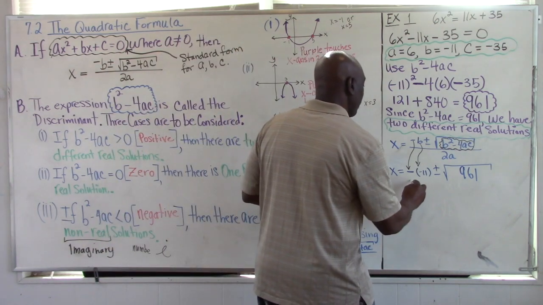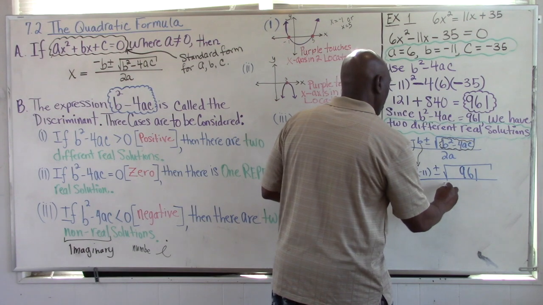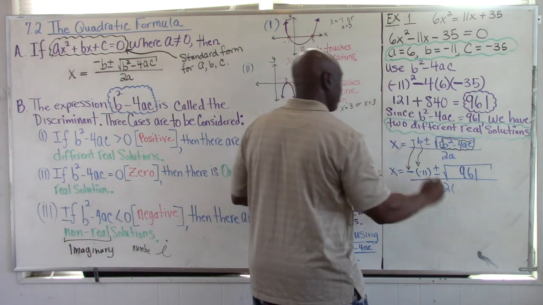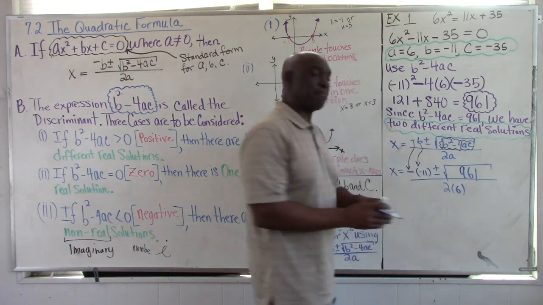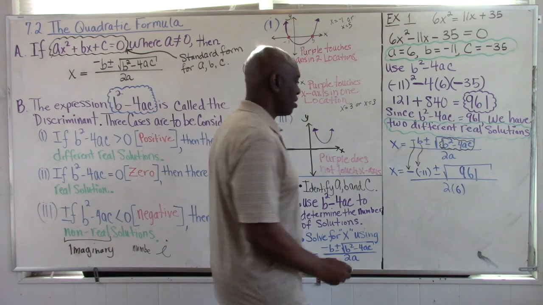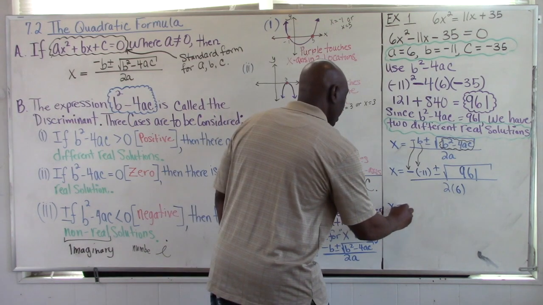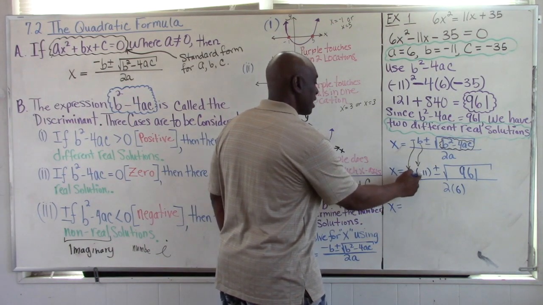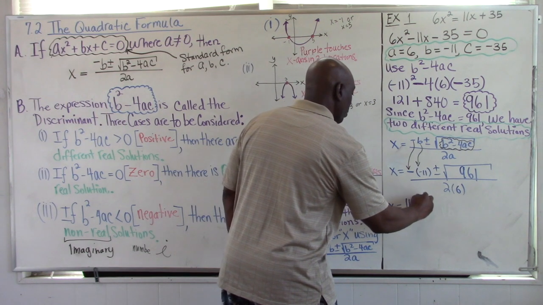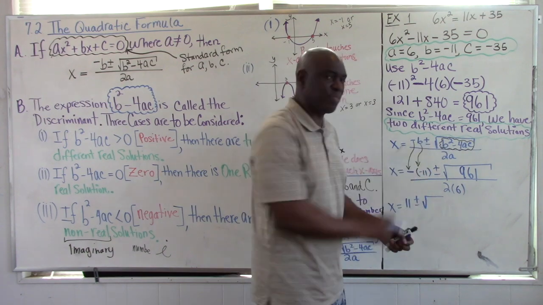And it's all divided by 2 times what is a? A is 6. Okay. Calculations now. So x is going to equal the negative of negative 11, which is positive 11, plus or minus the square root of, well, what is the square root of 961?